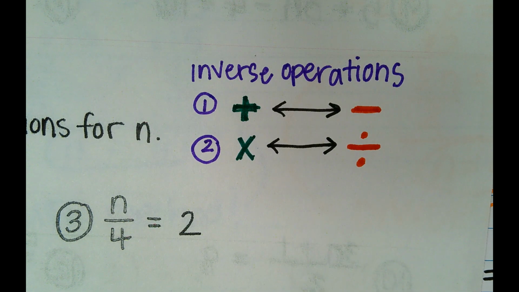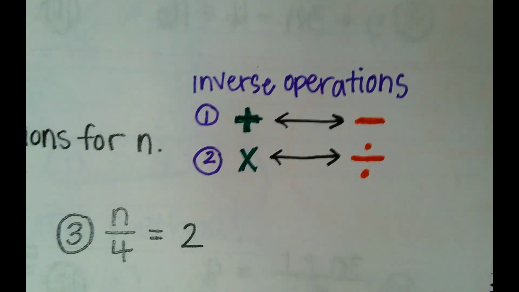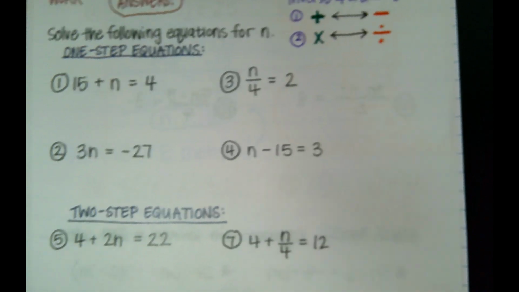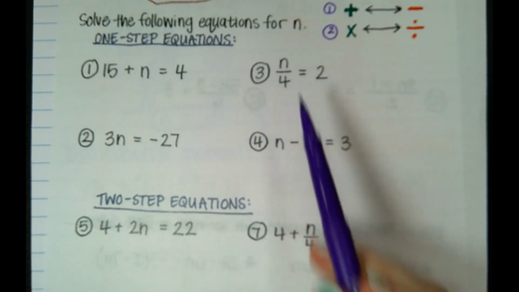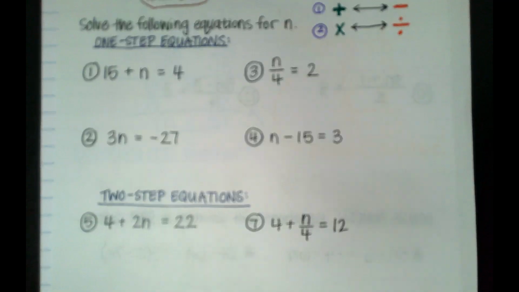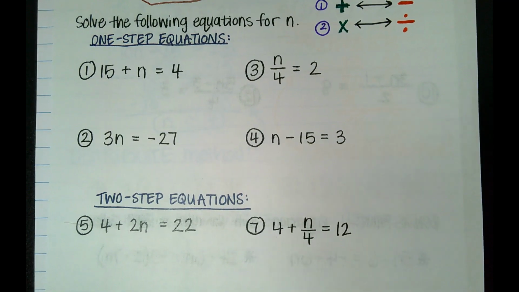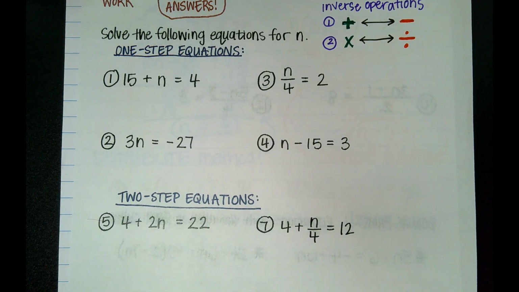Other things to remember. Now, you'll notice on this practice quiz, the variable is n every single time. And that n just stands for number. I used n because in previous pre-algebra classes, especially whenever we're introducing letters for the first time, using x can be really confusing because it looks like the multiplication symbol.